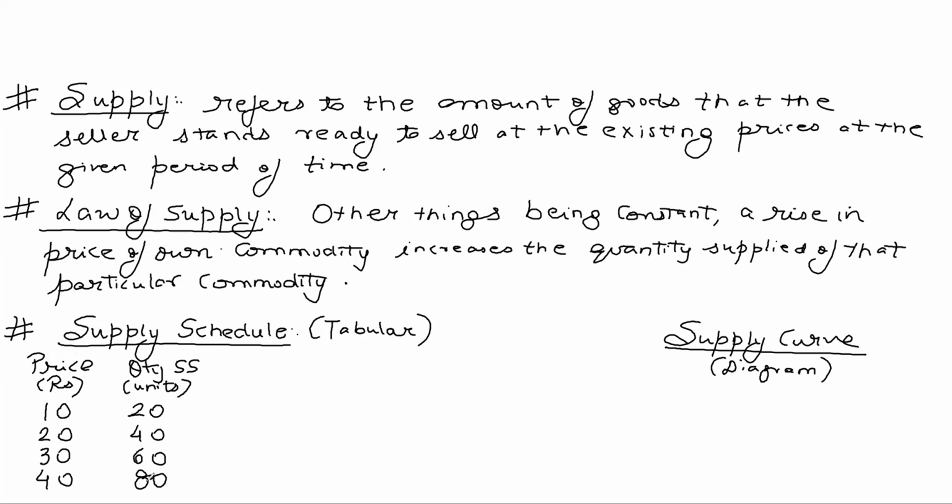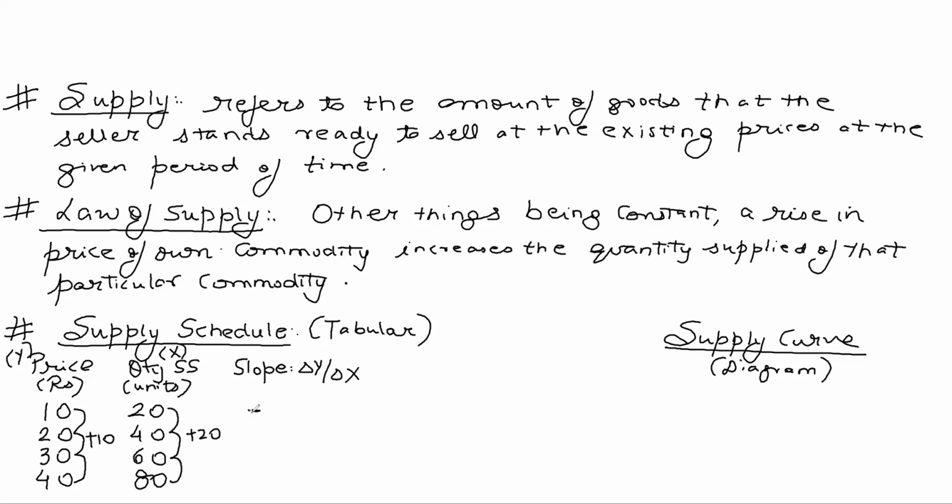You can see that the supply curve is linear. If I plot this schedule, the supply curve will turn out as linear. Why? Because for every 10 rupees increase in price, supply is increasing by 20 units. So if I find the slope, I measure price on the y-axis and quantity supplied on the x-axis. Slope is nothing but change in y by change in x.